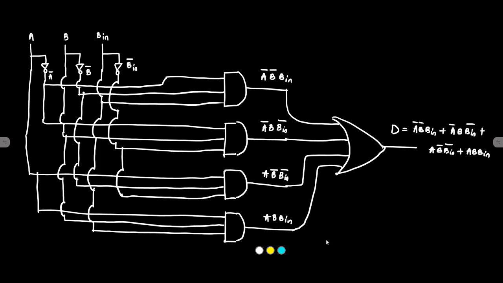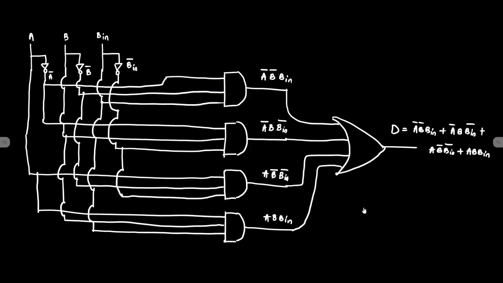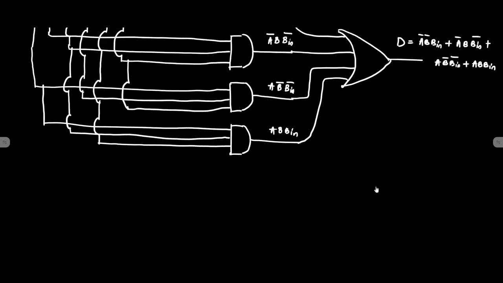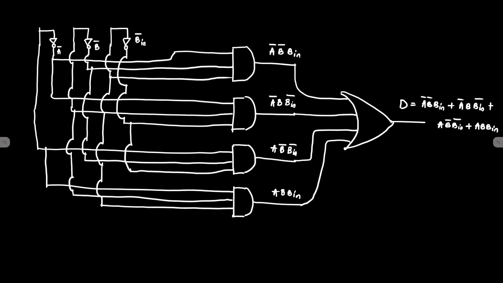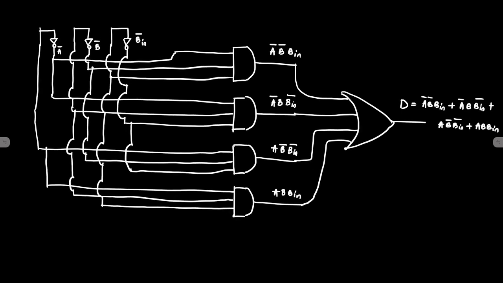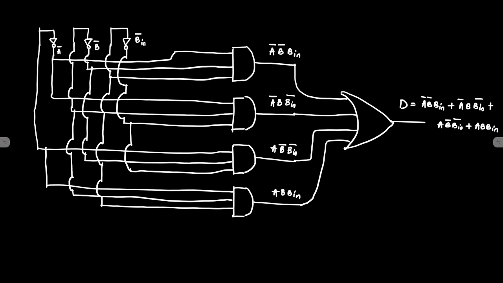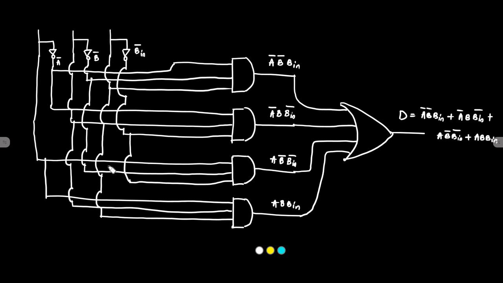So let's do it. So we have to use 3 2 input AND gates. So let us identify the lines. Okay, A bar, B, B in. These are required. So let us take them, because when we'll push this canvas upwards, it may not be visible.